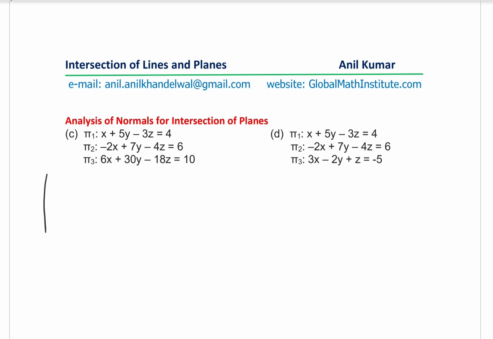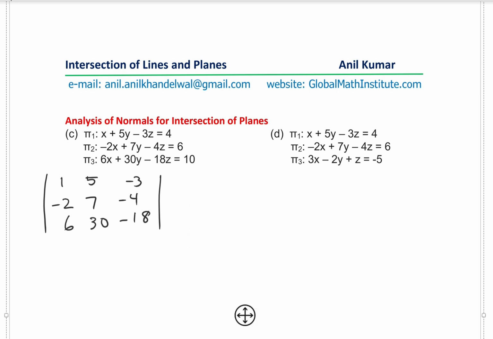So we have the normals, which are 1, 5, minus 3, then minus 2, 7, minus 4, and here we have 6, 30, and minus 18. These are the normals: this is n1, this is n2, and this is n3. Do you notice something in this?